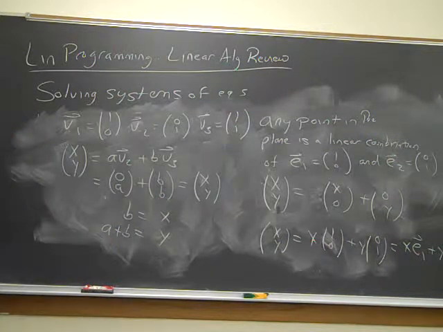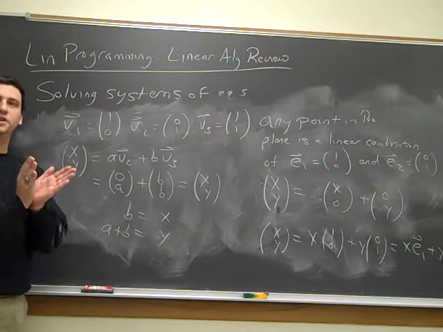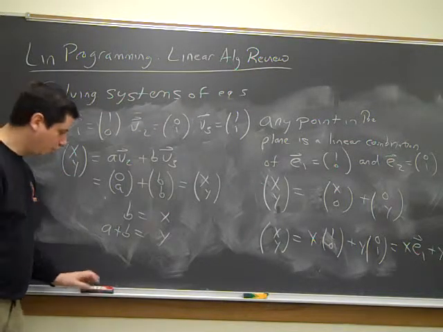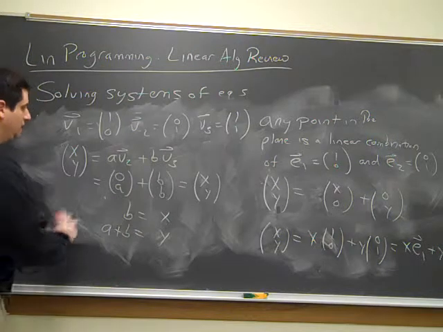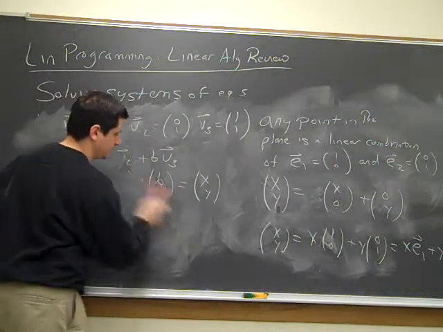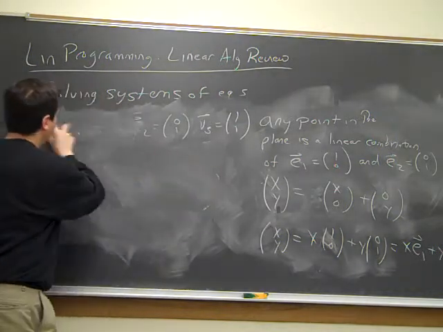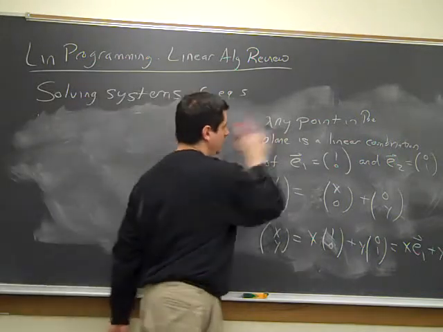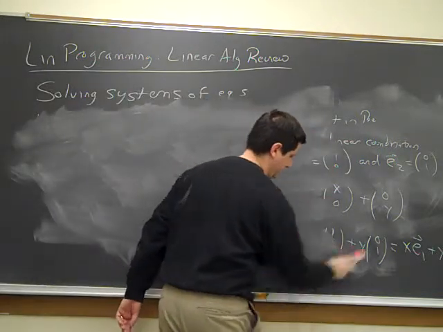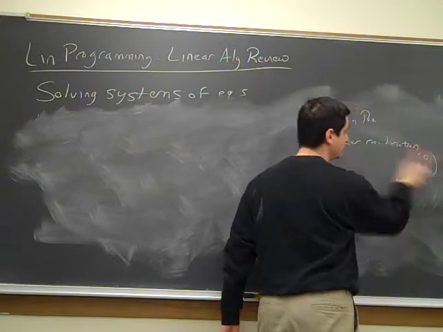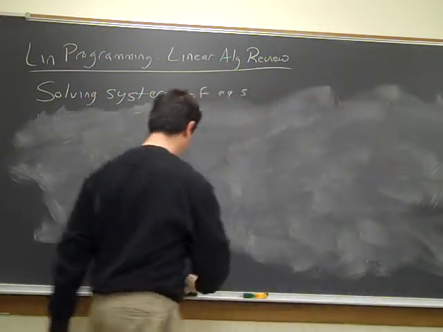And in general, if I give you two vectors in the plane that are not in the same direction, you can always write everything uniquely. And this leads us to the concept of a basis. And so I'm going to just introduce a bunch of words, and we'll be using these several times throughout the semester.